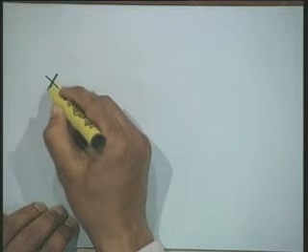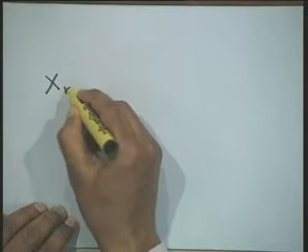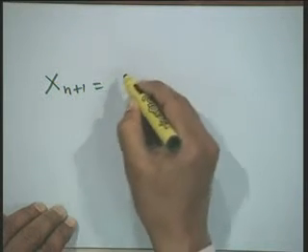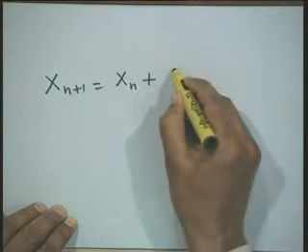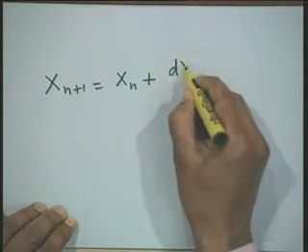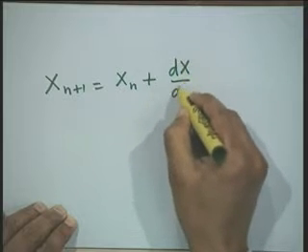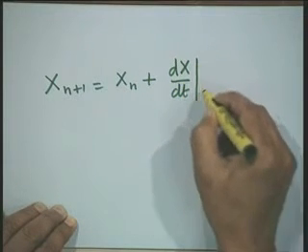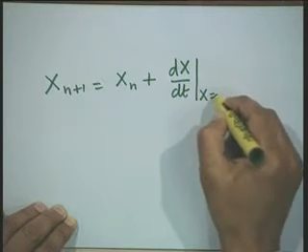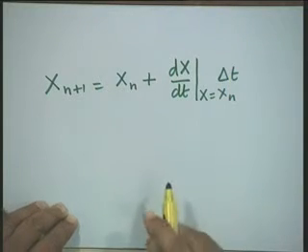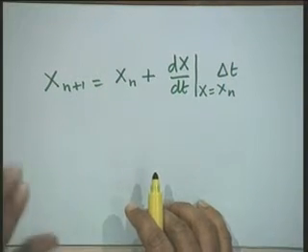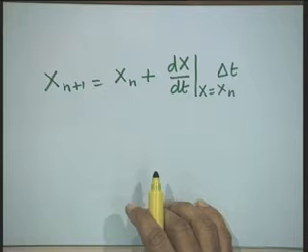The algorithm will now become x n plus 1 equal to x n plus dx by dt evaluated at x equal to x n into delta t. This is the algorithm when you solve a set of differential equations.